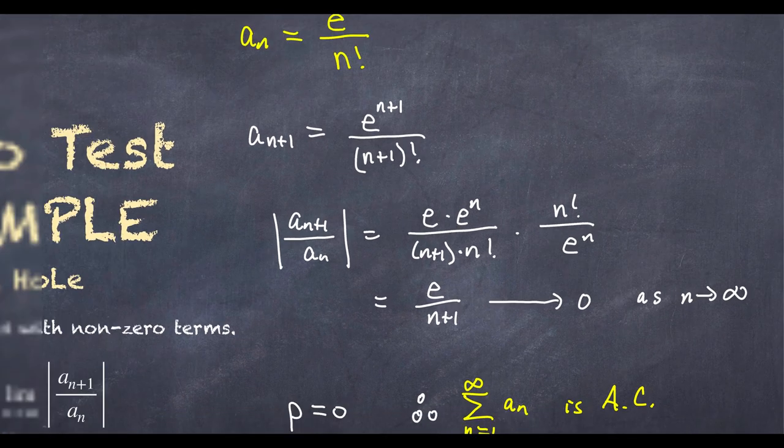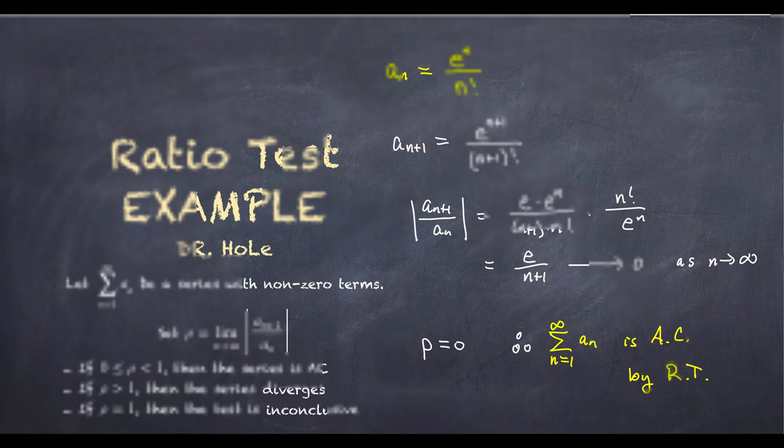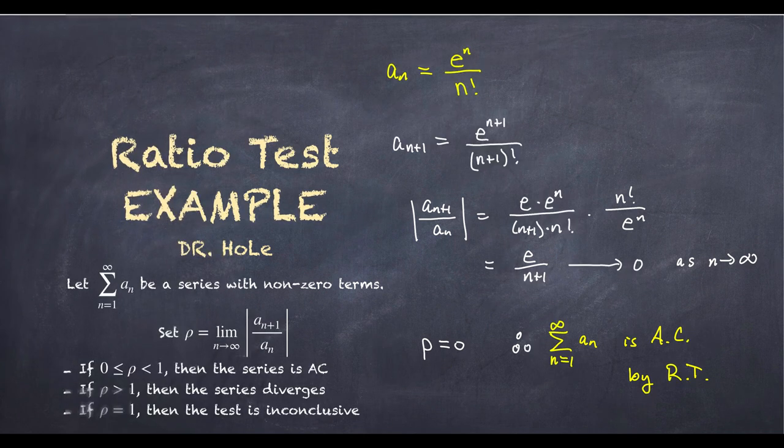Like the previous example, we're coming up with rho equaling 0. The series is absolutely convergent, we've used the ratio test. Back to the commentary, that large exponential stands no chance when placed up against a factorial. Go factorials.